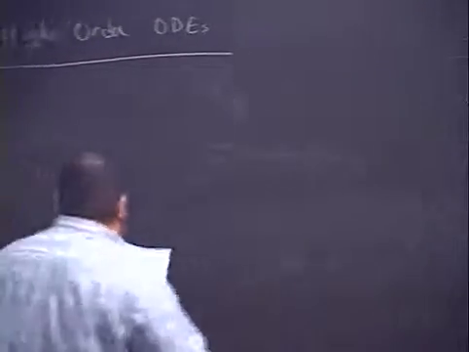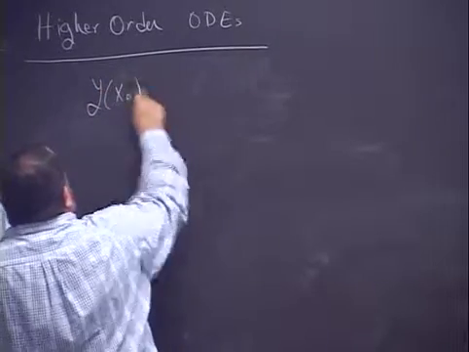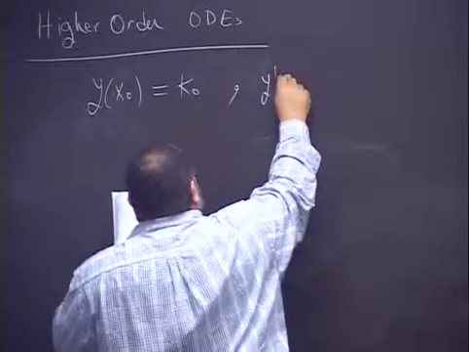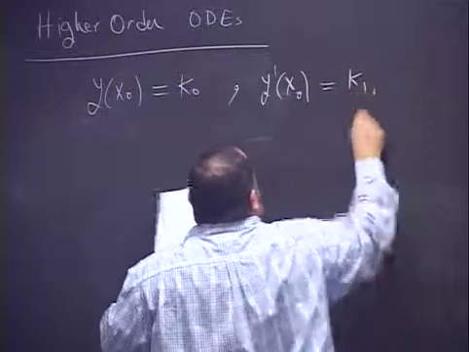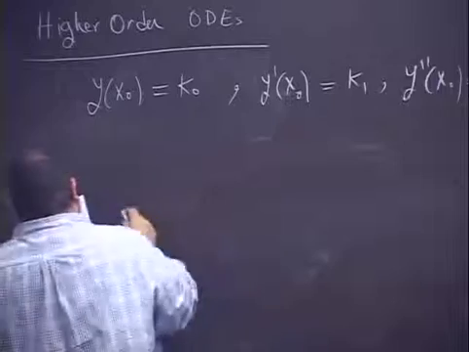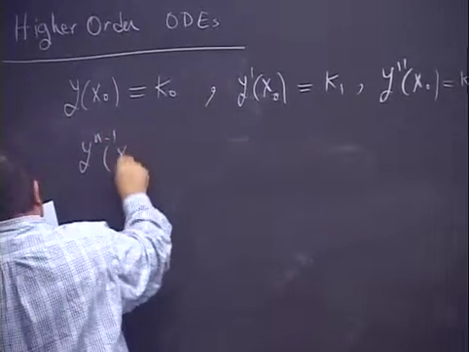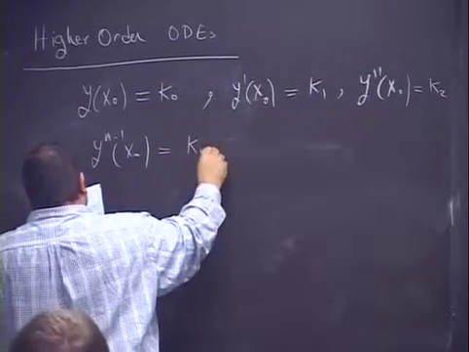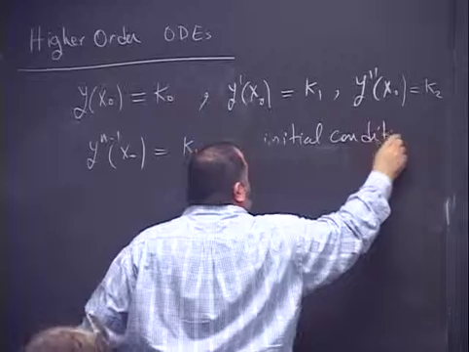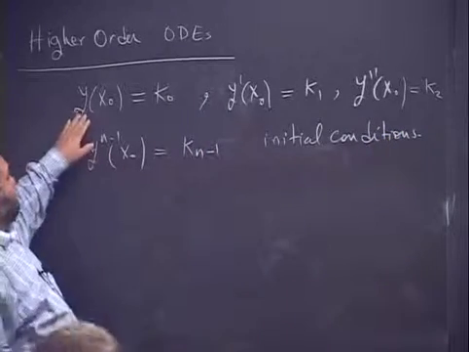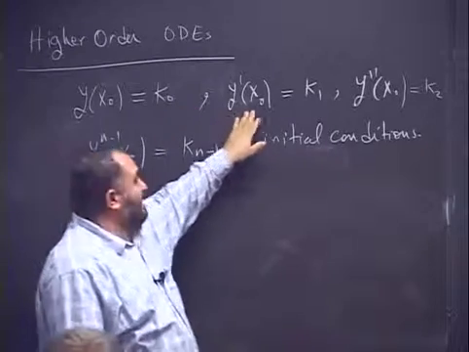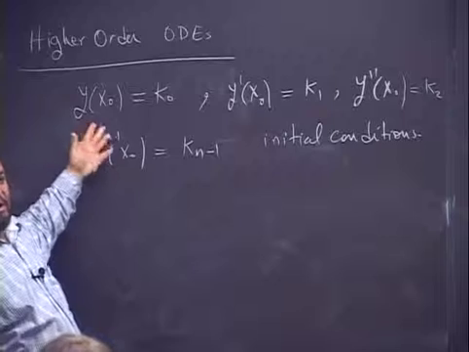And boundary conditions. So typically, if you have y at x0 equal to some constant k0, and y prime at x0 equal to k1, and y double prime at x0 equal to k2, and so on up to y n minus 1 at x0 equal to k n minus 1, those are called initial conditions, because you are defining the function y at the initial value x0, you are defining y prime at x0, y double prime at x0, up to y n minus 1 at x0.